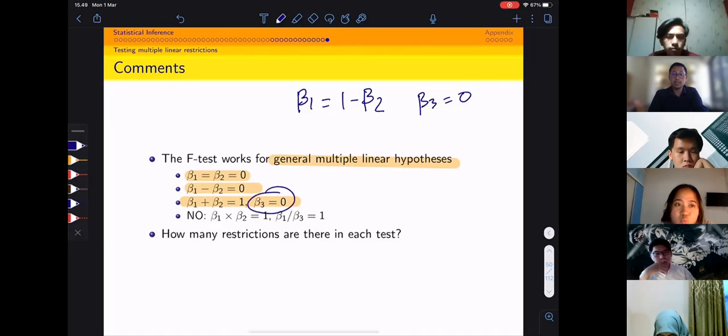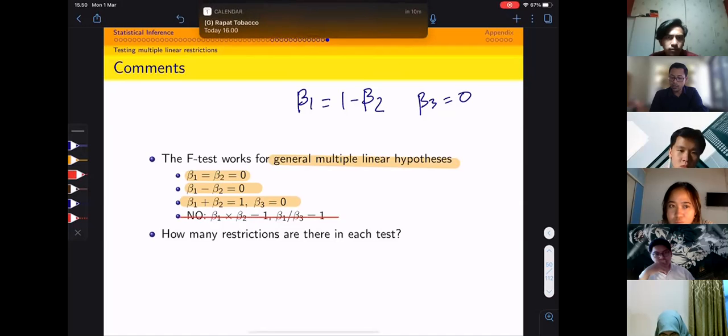This is one particular restriction, this is another particular restriction, so in total we have two restrictions. Okay. How about the last case? Is this a linear restriction? The answer is no, it's not a linear restriction. Why? Because it's beta 1 multiplied by beta 2, so it's not a linear restriction.